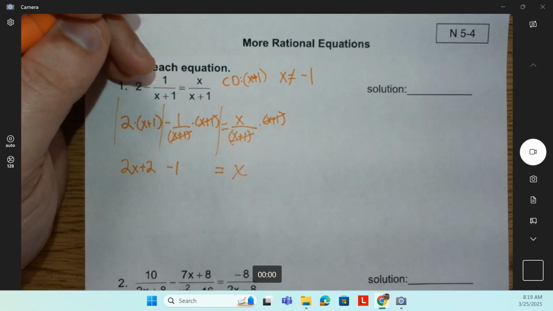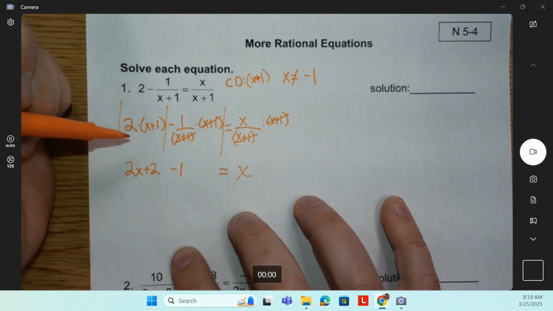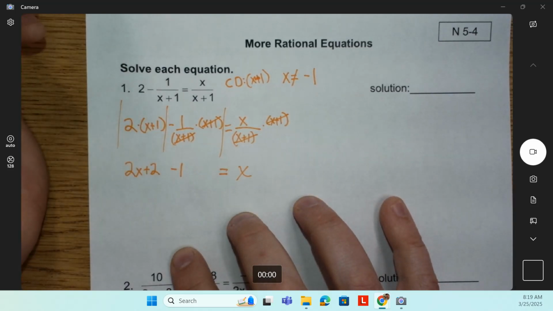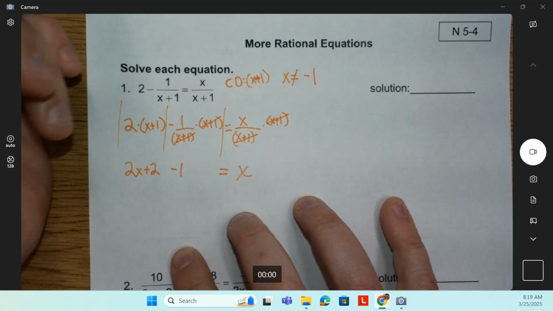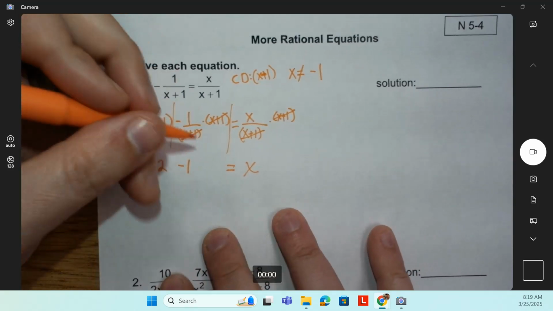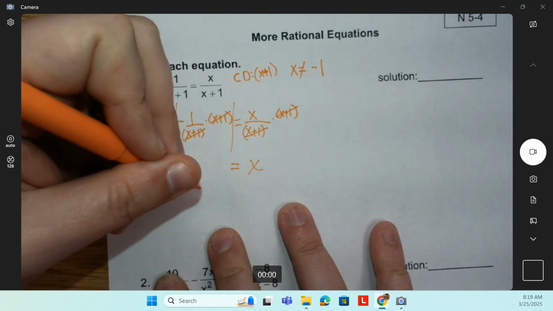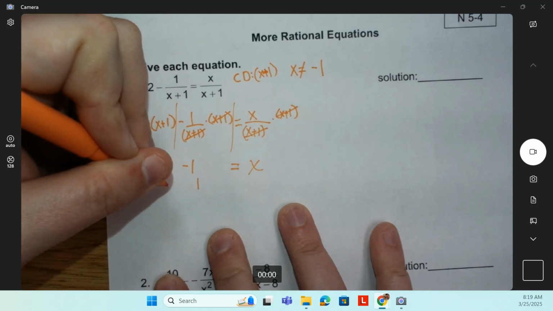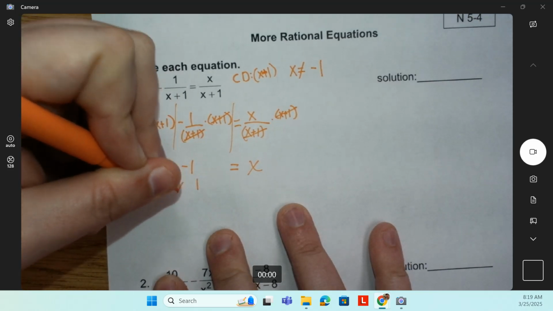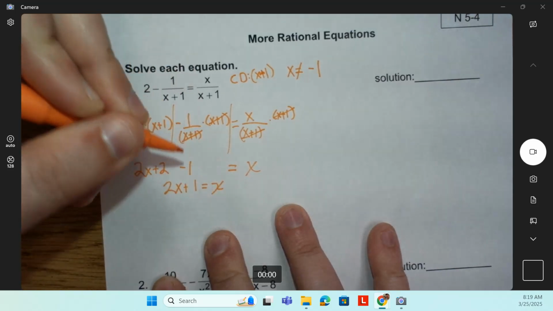The great thing about that is that it gives me a nice algebraic process that gets rid of all my denominators. So I'm left with no fractions and only a little bit of combining and simplifying to do. When I combine like terms here, 2 minus 1 is 1. So I have 2x plus 1 equals x.